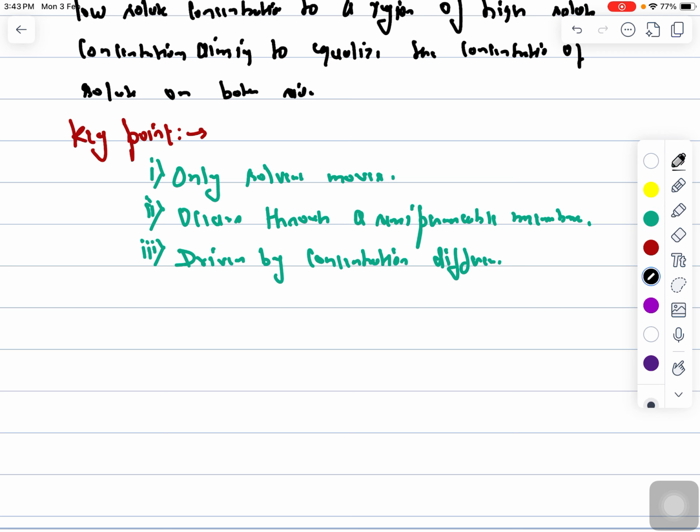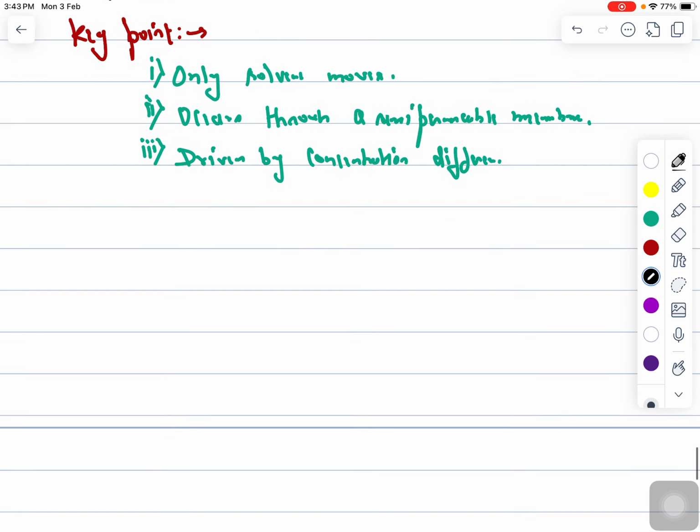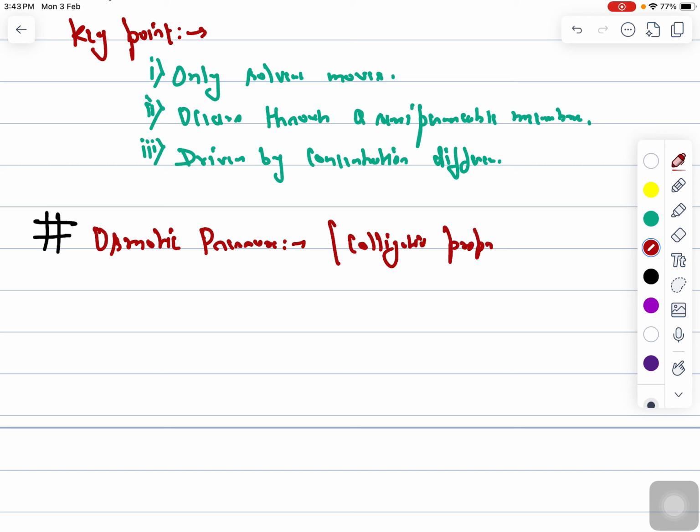Now coming to osmotic pressure, which is also a very important point for understanding how osmosis happens. Osmotic pressure is a colligative property, and if you recall the concept from your class 12th chemistry, physical chemistry, a colligative property is a property of the solution that depends upon the number of moles of solute.